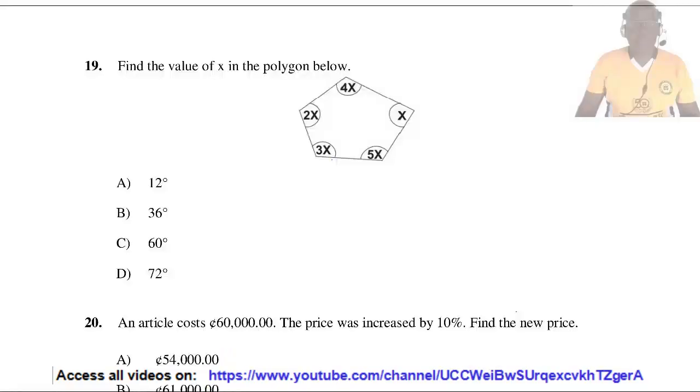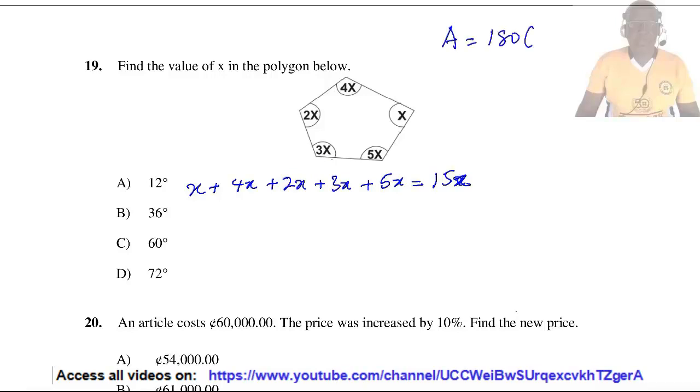Question 19. Find the value of S in the polygon below. We shall sum the angles in the polygon, and the sum is going to be S plus 4S plus 2S plus 3S plus 5S, which equals 15S. But we know that the sum of angles in a polygon of n sides is given by 180 times (n - 2). n equals 5 in the case shown.